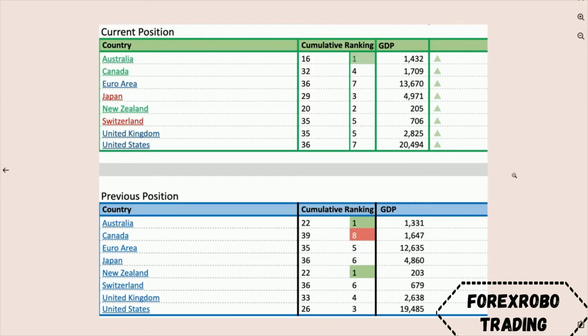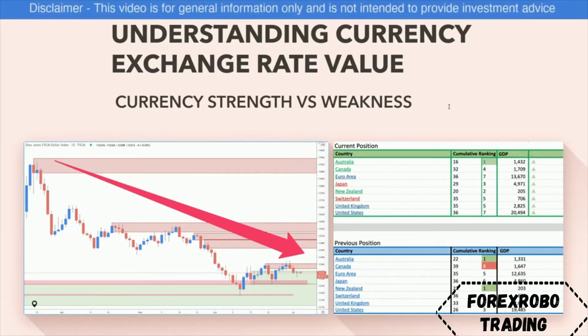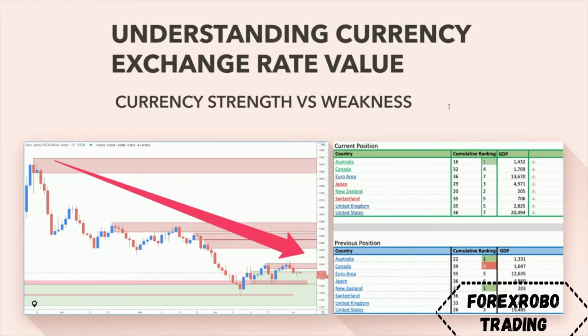What we're going to get into is looking at, I guess, the back testing, as some people would call it, of the effect the fundamental analysis spreadsheet has had on price. And price is driven by fundamentals.